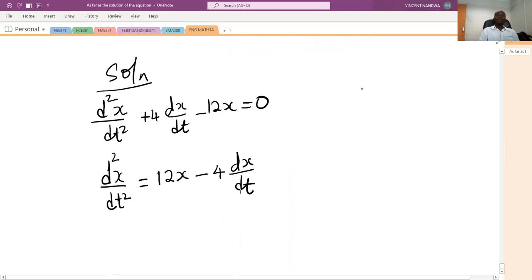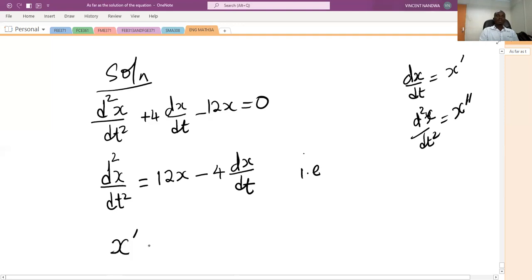And for convenience, because we know that writing dx dt is the same as writing x prime, and writing d squared x dt squared can be written as x double prime, then we can say this is the same as writing x double prime equals 12x minus 4x prime.